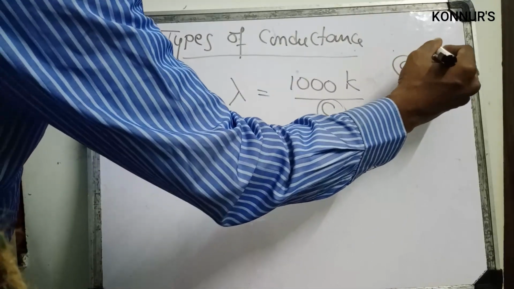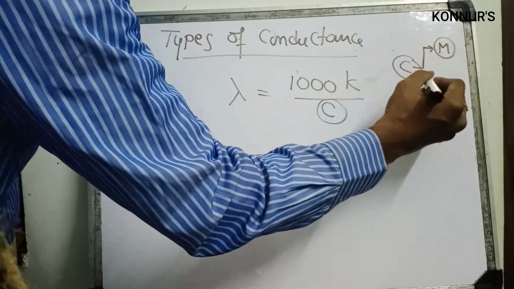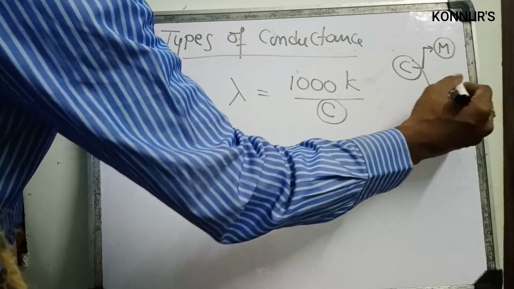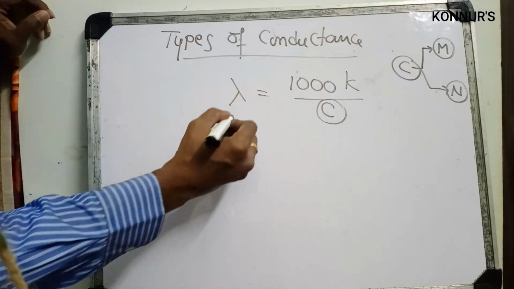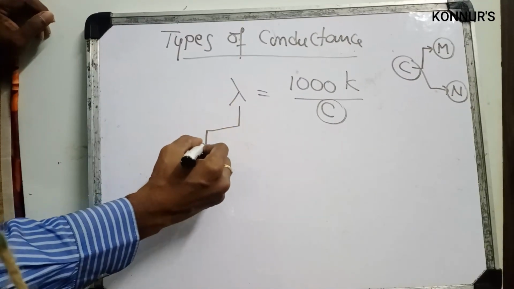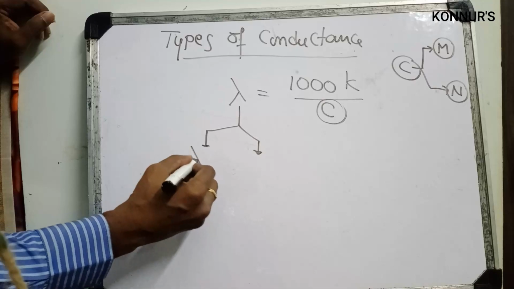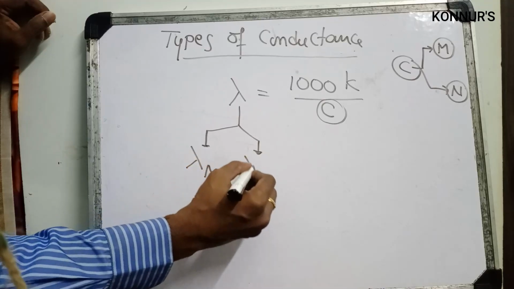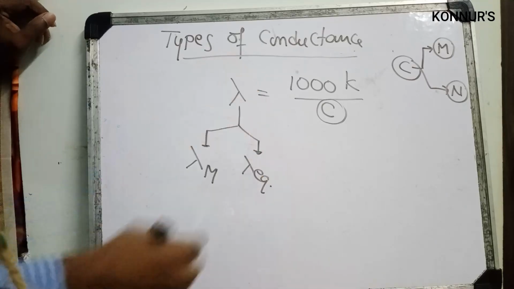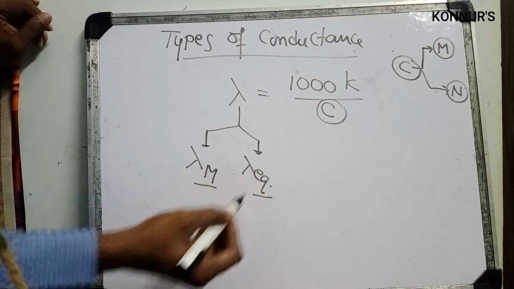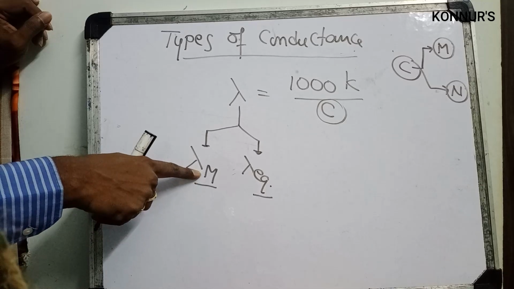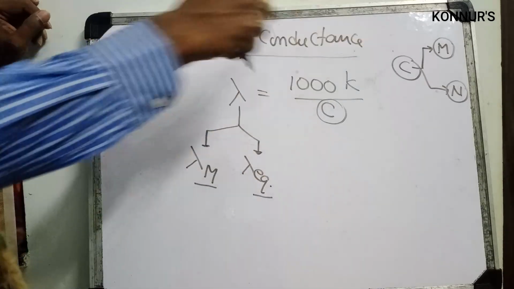We have two important ones: one is molarity, another is normality. Based on this variation, lambda is called molar conductance, lambda m, or equivalent conductance. One is related to molarity, the other to normality.